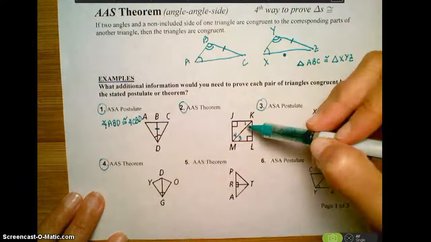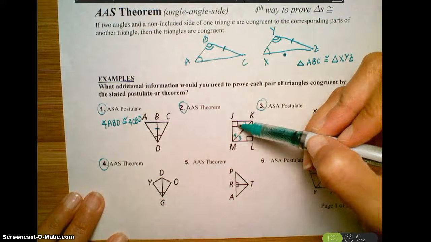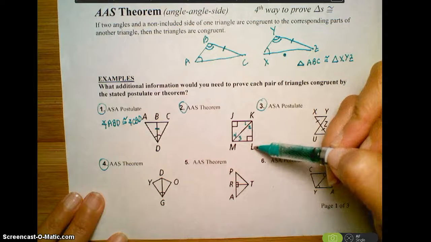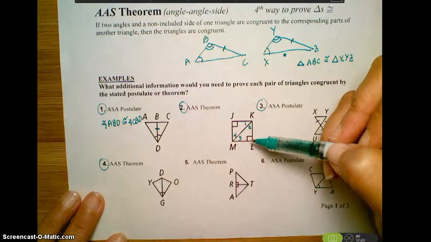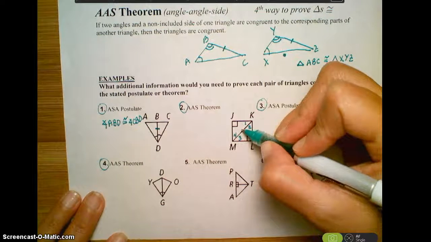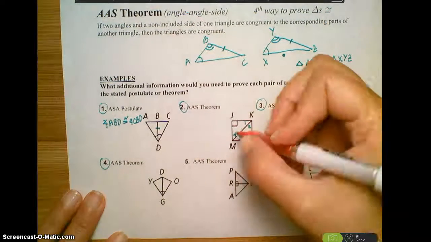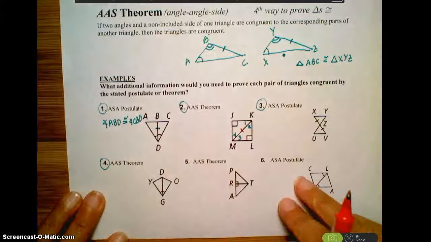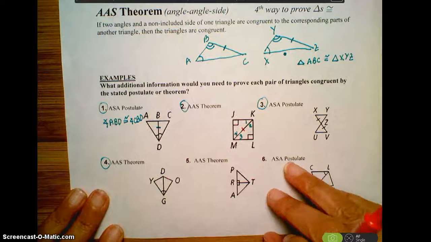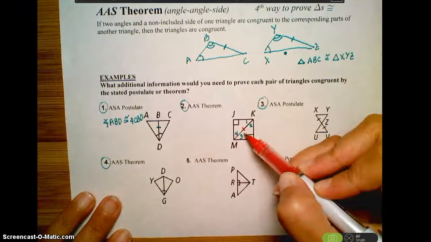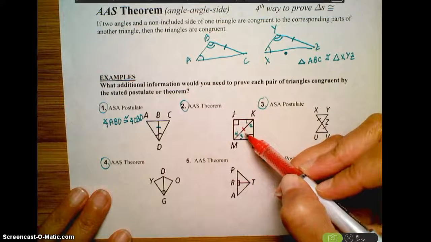In the second example, I went ahead and I added numbers to the picture because to have angle, angle, side, first of all, we would be able to easily prove angle J was congruent to angle L since they're both right angles and all right angles are congruent. And we also, of course, have this reflexive side. Okay. And again, I need a pair of angles to be congruent so that my side is not included by those congruent angles.